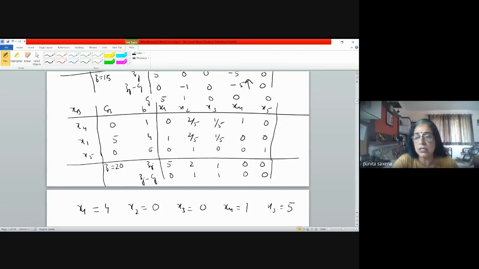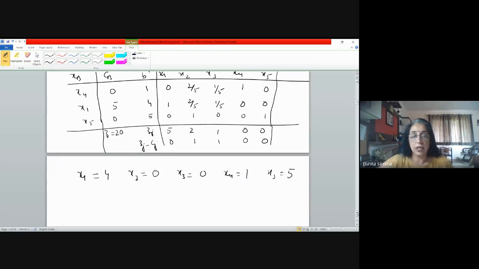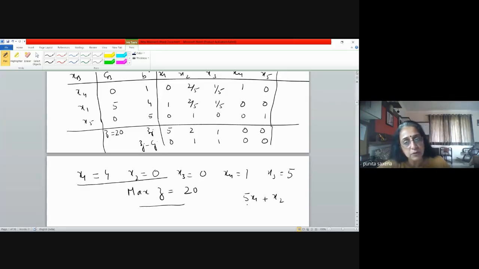So this becomes your optimal solution, and the optimal value of z that you have got is 20. That can be seen from the table itself. Your objective function was 5x1 plus x2. And for x1 and x2 the values are 4, 0. So when x2 is 0, x1 is 4, you are getting maximum z as 20. This is clear, right?